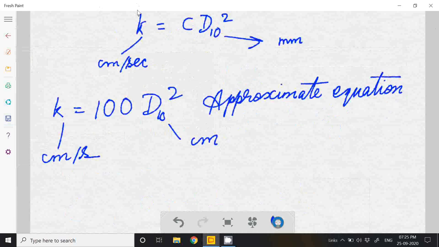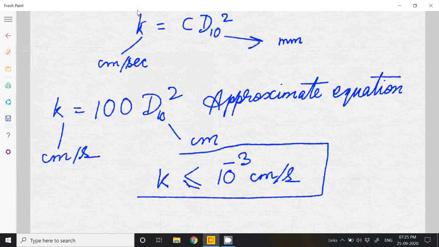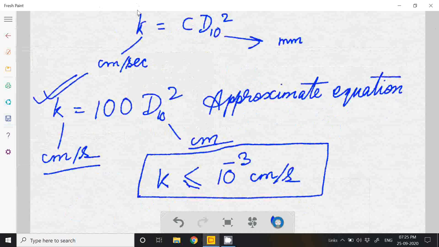This equation holds good for K values less than or equal to 10 to the power minus 3 centimeter per second. With K in centimeter per second and D10 in centimeter, this equation holds good.